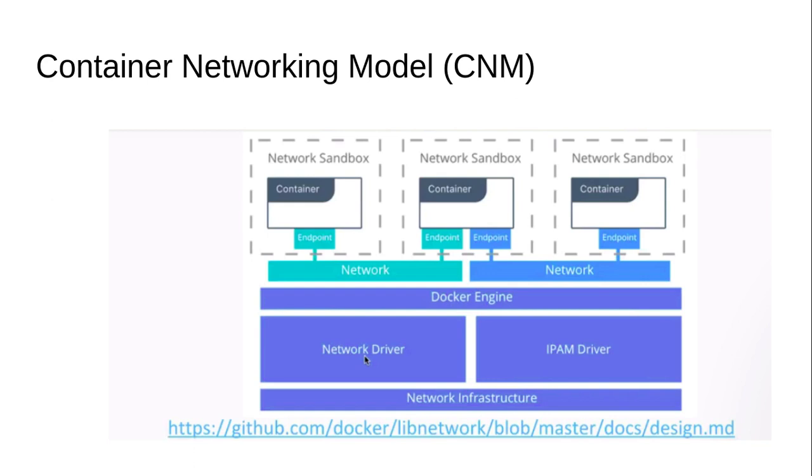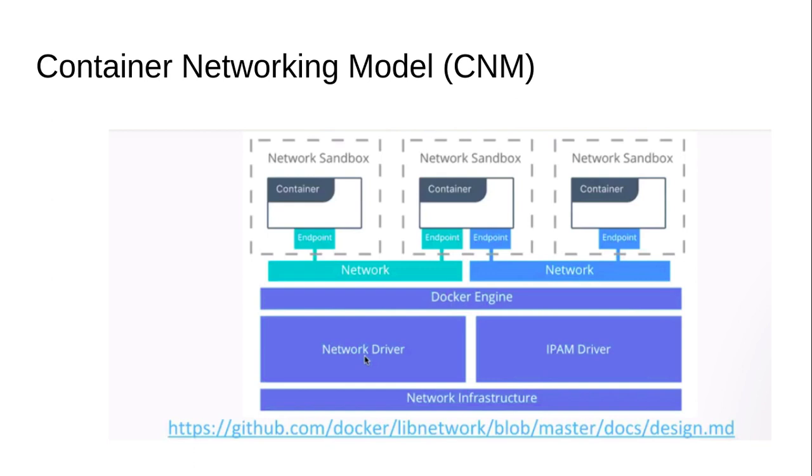Now, the Docker engine will interact with this network driver as well as the IPAM driver, and then it will provide the IP or add iptables rules. All this task is done by these two drivers through the Docker engine.